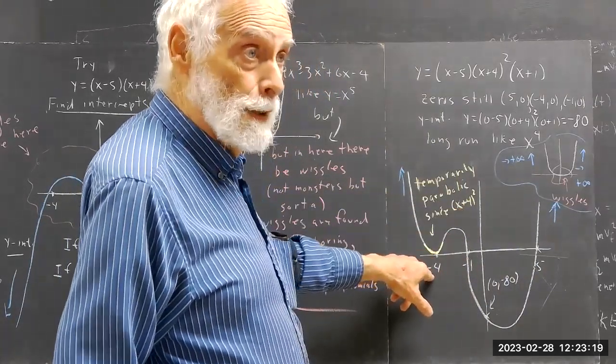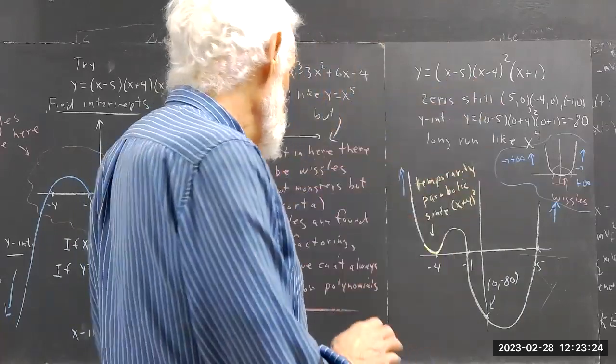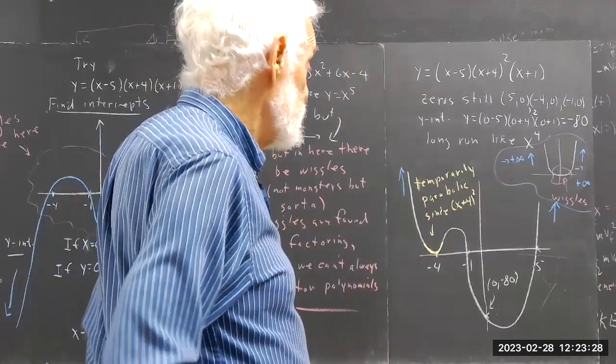That zero comes from x plus 4, which is squared. And that's it.